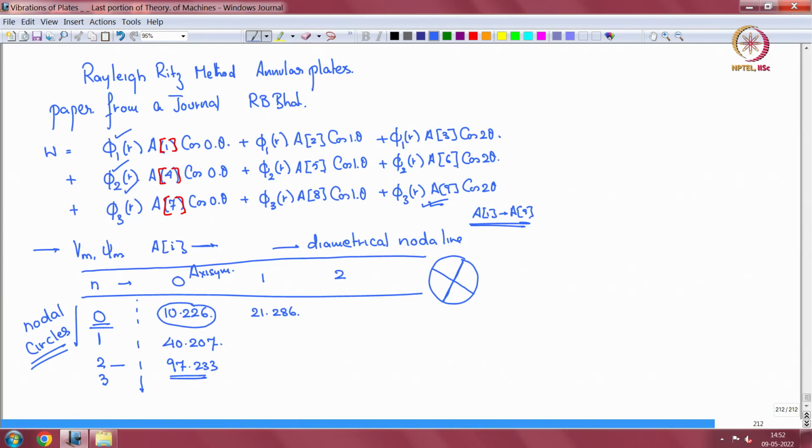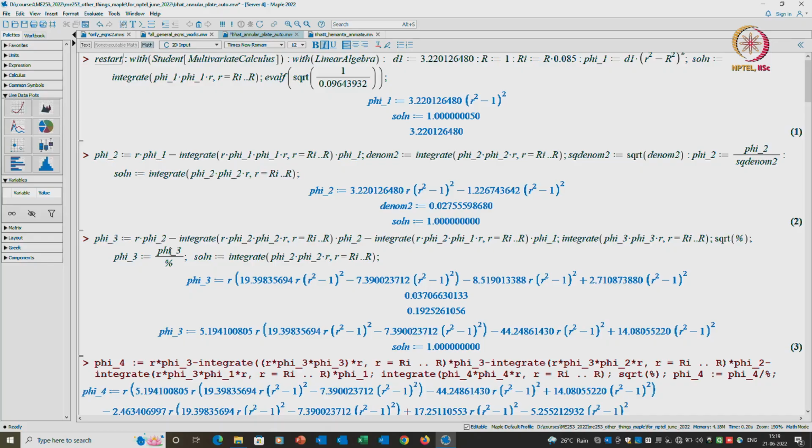So what I will do now is just show you some of these calculations in Maple, so that you can believe that these are actually doable. So I am shifting to another computer here. Now you have seen the annular axisymmetric resonances. So let me run this code for the annular circular plate.